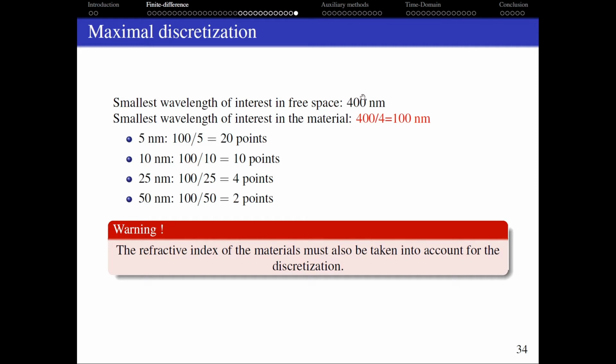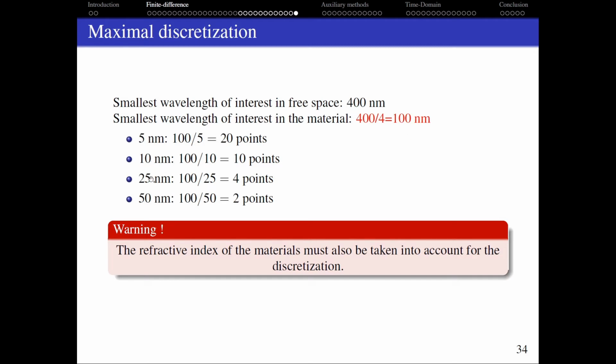So again, our smallest wavelength of interest is 400 nanometers, except that in those particles, since the material has a refractive index of 4, the wavelength in the particle is actually 100 nanometers, and you still need to properly describe those 100 nanometers, which means that if we were to use the 5 nanometer discretization, we would only have 20 points to describe this stuff.